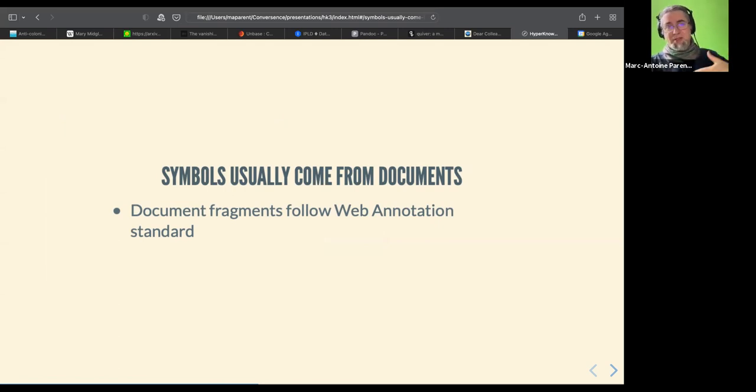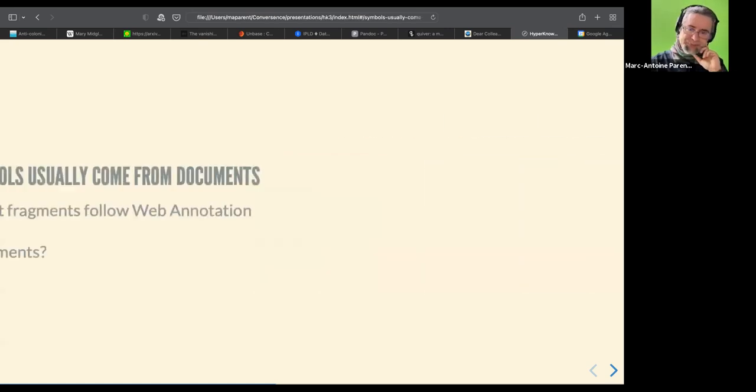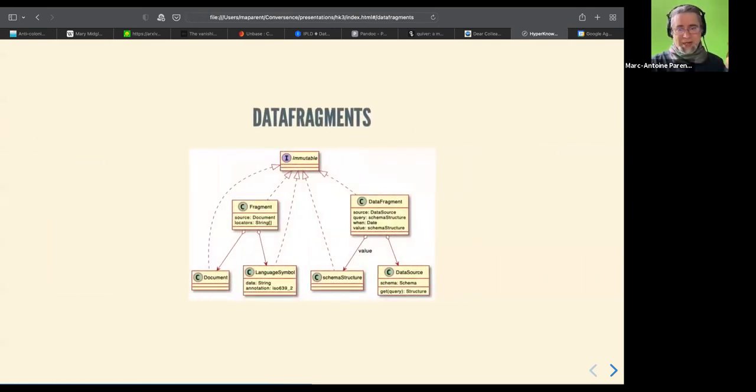I'm pushing it, but it's a kind of sub-document in a document. Here I'm saying we have extracts of documents, but in particular, we have language symbols, which are taken from a text document, or can be, for example, the transcription of a video document. And we also have the same notion of data fragments.